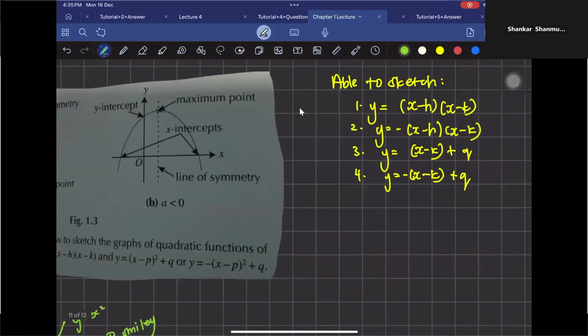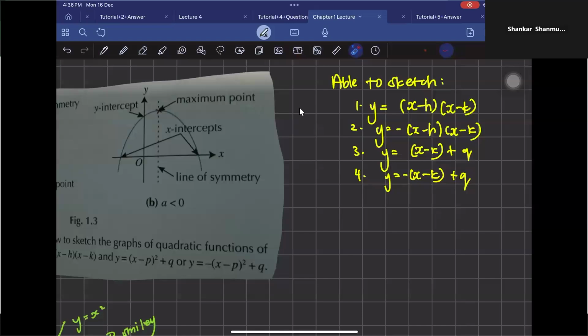By the end of this lecture, you should be able to sketch these four different types of equations. So for example, you have y equals (x minus h)(x minus k), and then the second one would be the same thing but with a negative in front. Okay, same as your first one. So these are two similar types, and then these are another similar type.